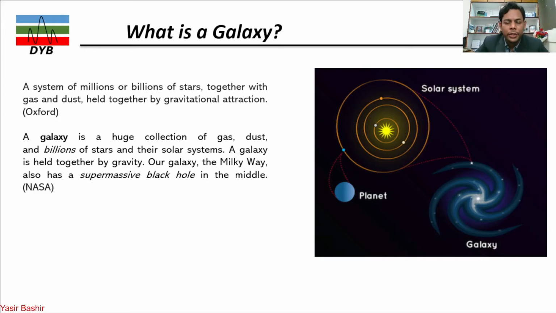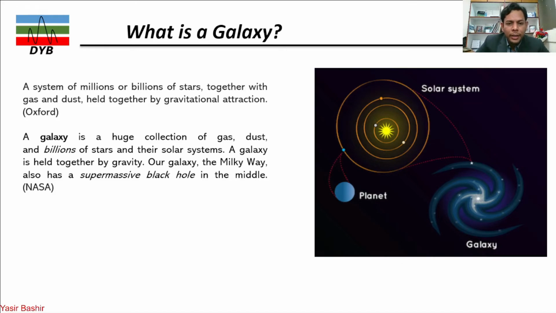Obviously, one of them is our solar system, but there are billions of solar systems. It is all together with gas, dust, and gravitational attraction. A galaxy is held together by gravity, because if there is no gravity, there is no attraction, and all the elements of the galaxy would go away from the center of the gravitational power.